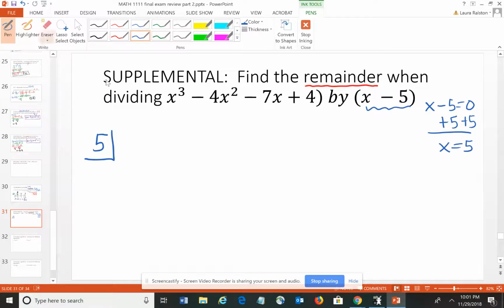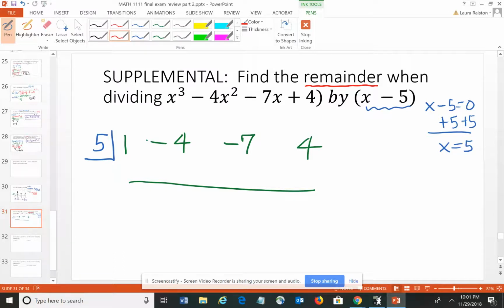Then I list out the coefficients of the dividend. Okay, so I have 1x cubed minus 4x squared minus 7x plus 4. In this particular problem, I didn't have to fill in with a placeholder of 0 because I didn't have any missing terms.